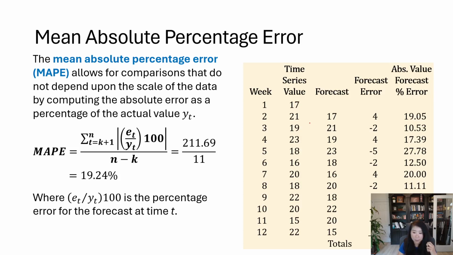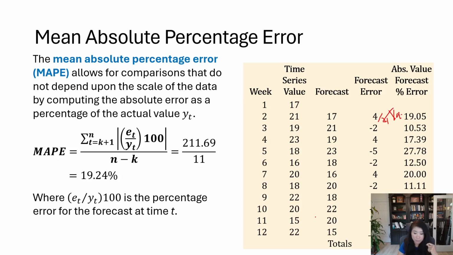So basically, for my first week or two, I use 4 divided by 21 times 100. That's how I get 19.05. Similarly, I use 2 divided by 19 for week 3, times 100, and take the absolute value, and I get 10.53.